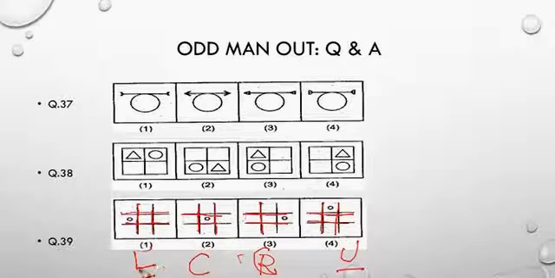So on the basis of placement of the circle in the basic structure, we find that problem figure 2 is standing out as a different figure, whereas problem figure 1, 3 and 4 share a similarity. So answer for question number 39 is 2.